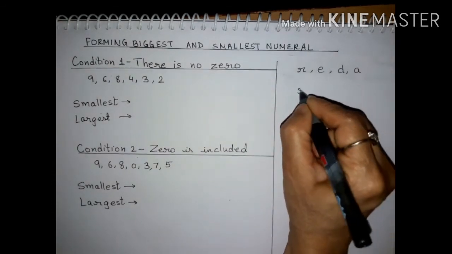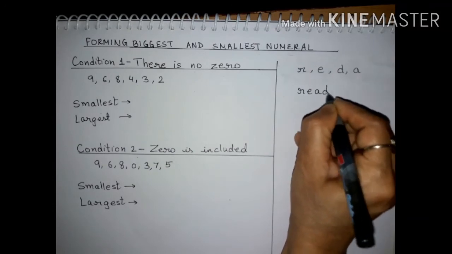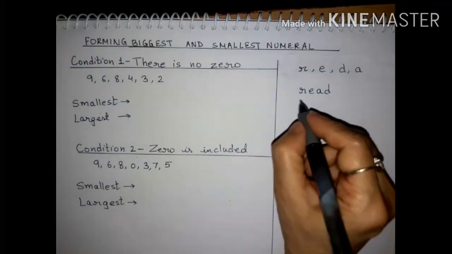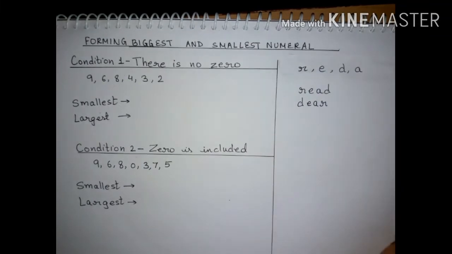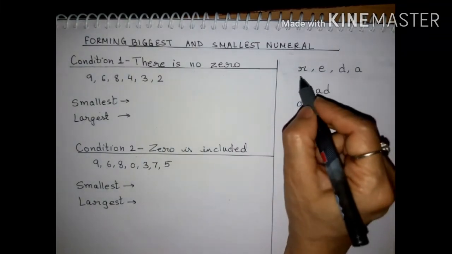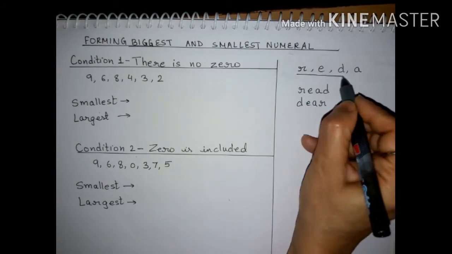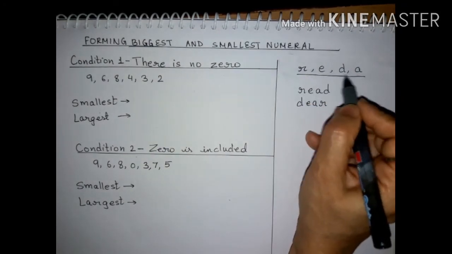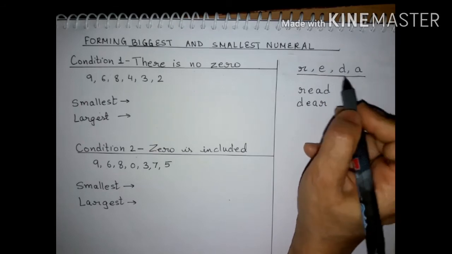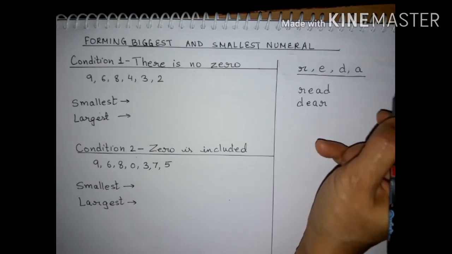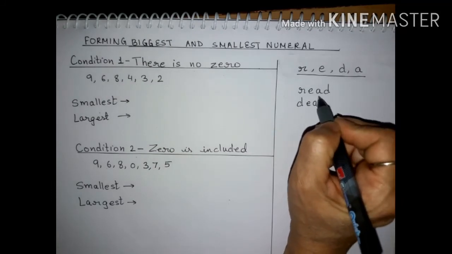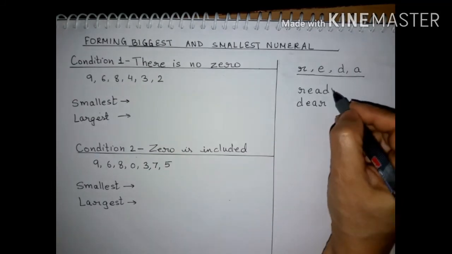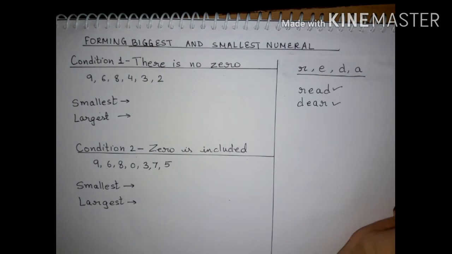For example, R, E, A, D, right? The other word can be formed as DEAR. So it means that if letters like this are separated by commas, they are not united, they are not making a team, they are not making any sense. Okay, but when we combine them by removing commas, then we can get some meaningful words.